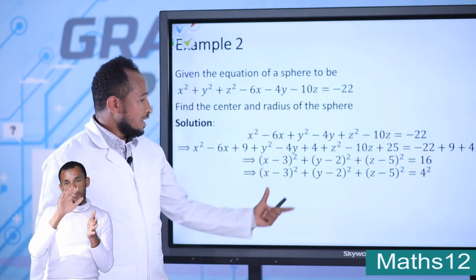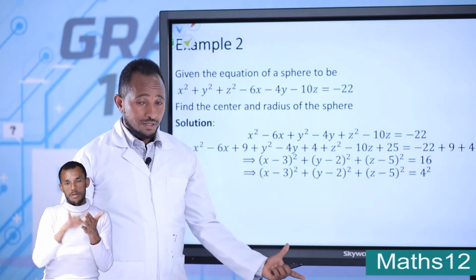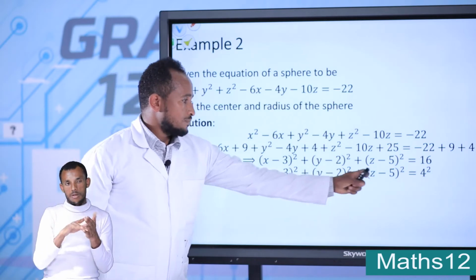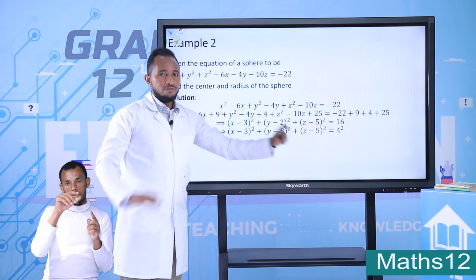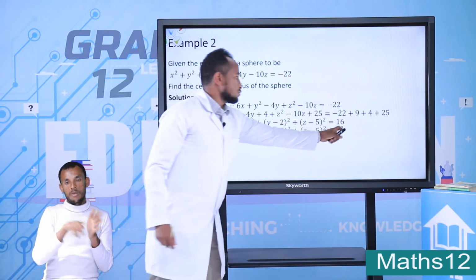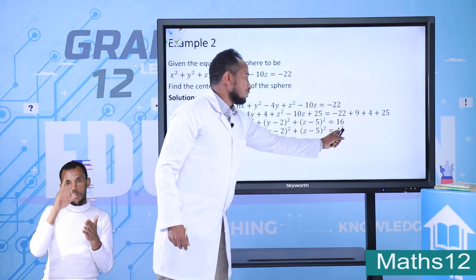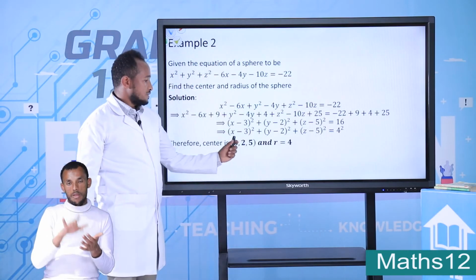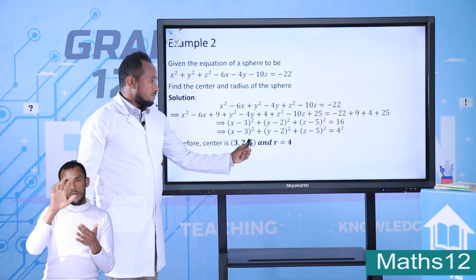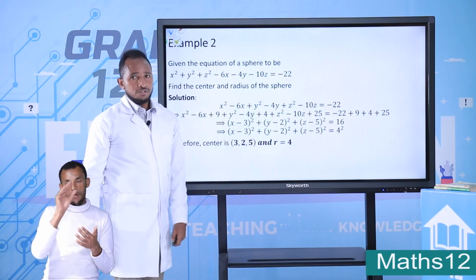From this, you can easily find the center and the radius. The center is the opposite of these: 3, 2, and 5. And the radius is the square root of this result, or simply 4. Therefore, the center is 3, 2, 5, and the radius is 4.